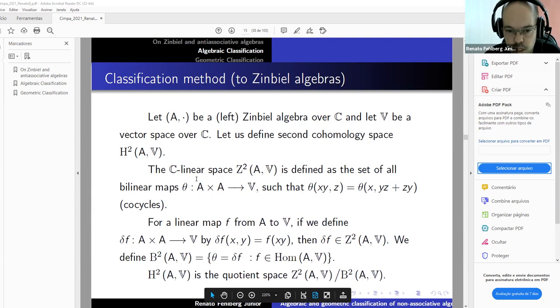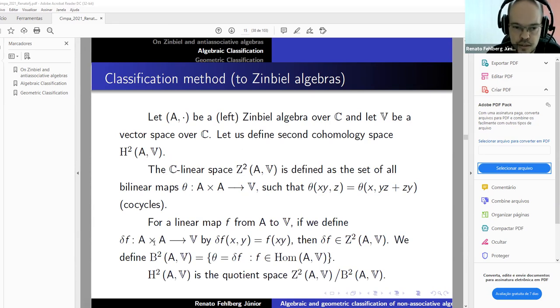And if you consider a map f from A to V, we can define delta f by this equality. And we can define the set B2 by this kind of elements. So the second cohomology group is just the quotient group of Z2 by B2.